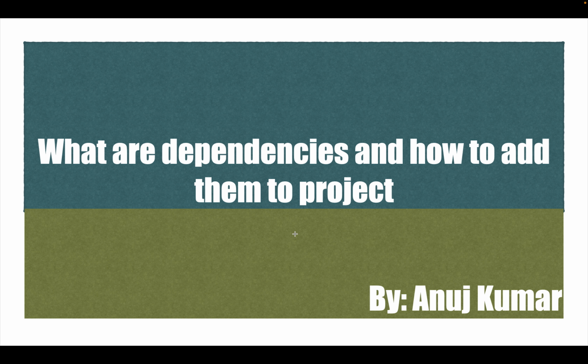Let's take our example, because we are going to build Selenium TestNG projects. Let's see how we can add the Selenium dependencies to our project. Now, how can we add it? There are two ways to do that.